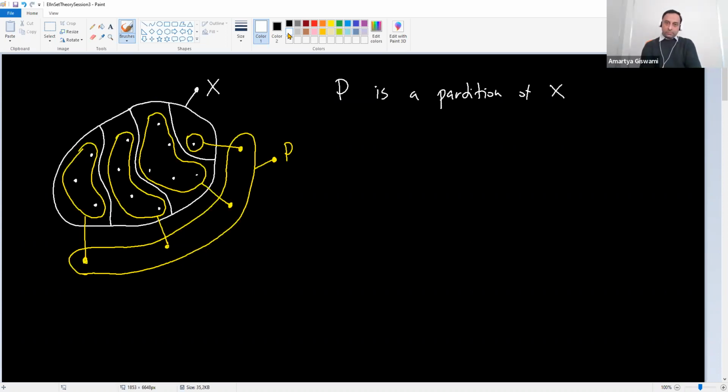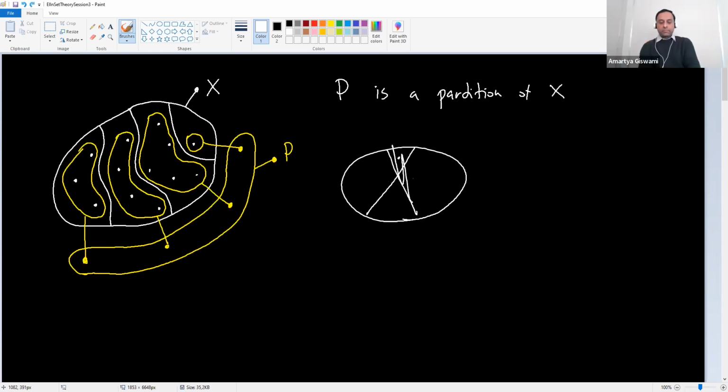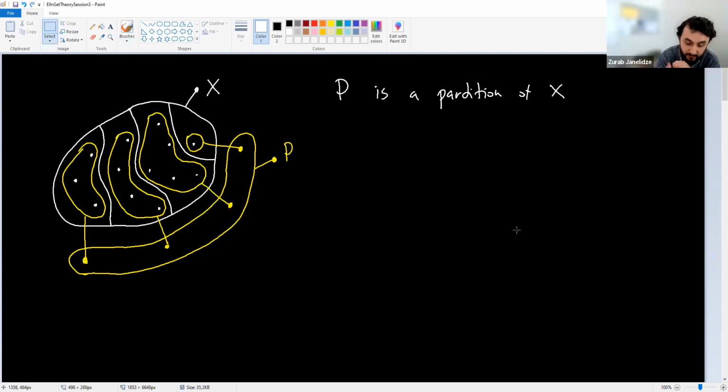And groupings cannot overlap. You cannot have, for example, that you group things like this, where this element belongs to two groups, this one and that one. Something like that is not allowed. But I think the picture is suggestive of the general concept of partition. And so basically we create a new set out of X, right? So the set X gives rise to the set P.